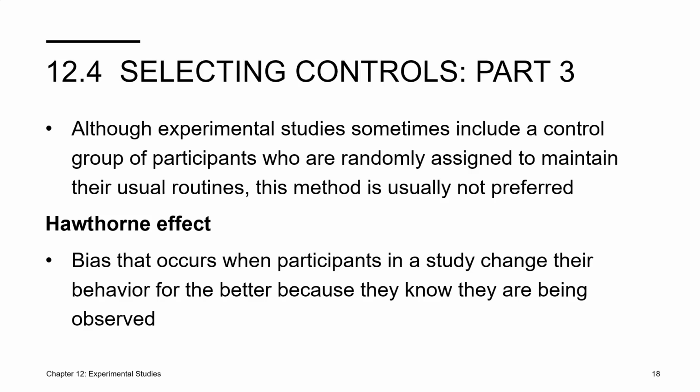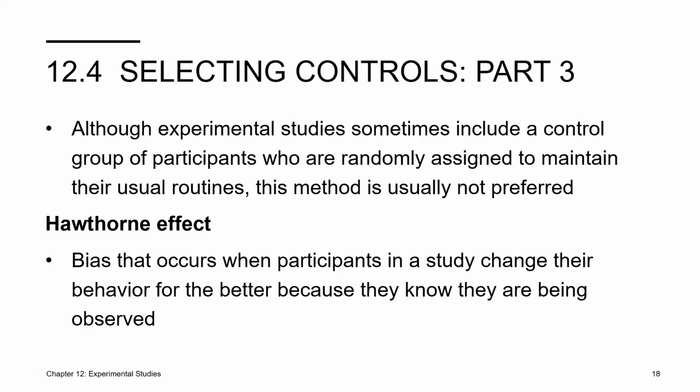Although experimental studies sometimes include a control group of participants that are randomly assigned to maintain usual routines, this method is not always preferred. Jacobsen goes over the Hawthorne effect, a bias that could occur when participants in a study change their behavior because they know they're being observed.